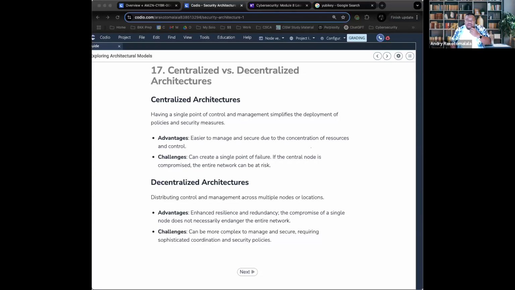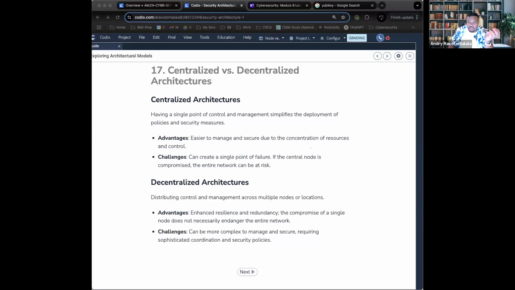Instead, maybe that one thing can't function completely, but the entire network is still available. Remember, all of these architectures are meant to serve the CIA triad: confidentiality, integrity, availability. With the centralized architecture, that one point of failure could cause the loss of availability. Whereas with decentralized architecture, losing one piece doesn't mean it would be detrimental to the entire network.